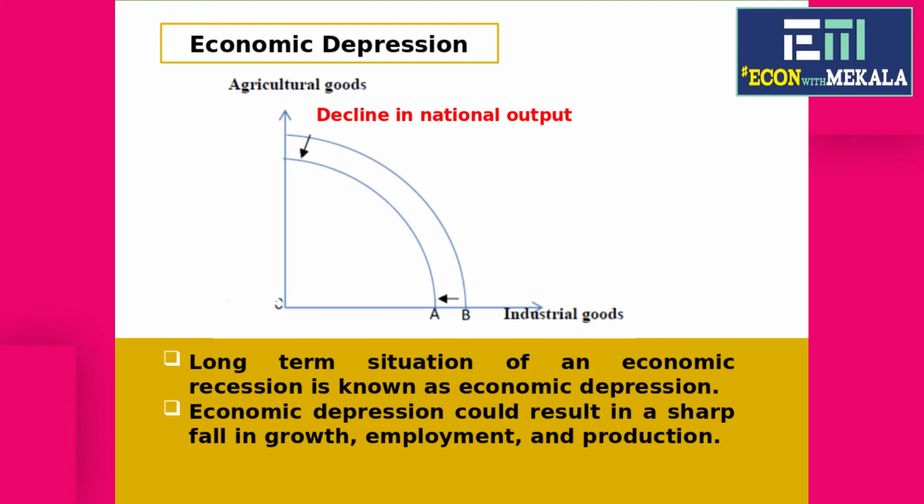If you compare this with economic recession, during the recession the PPF did not shift inward. There was a point shifting from the PPF inward. But here, the PPF itself shifts inward when there is economic depression, because that is a long-term situation where economies are facing a sharp fall in growth.